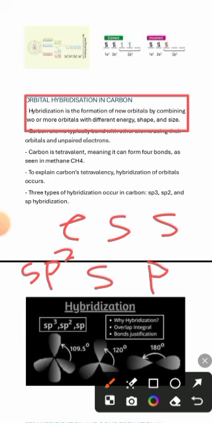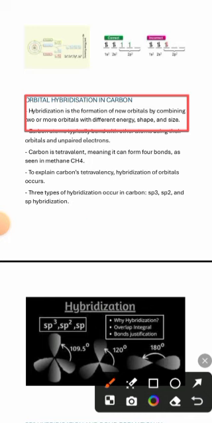Now we want to look at what tetravalency is.